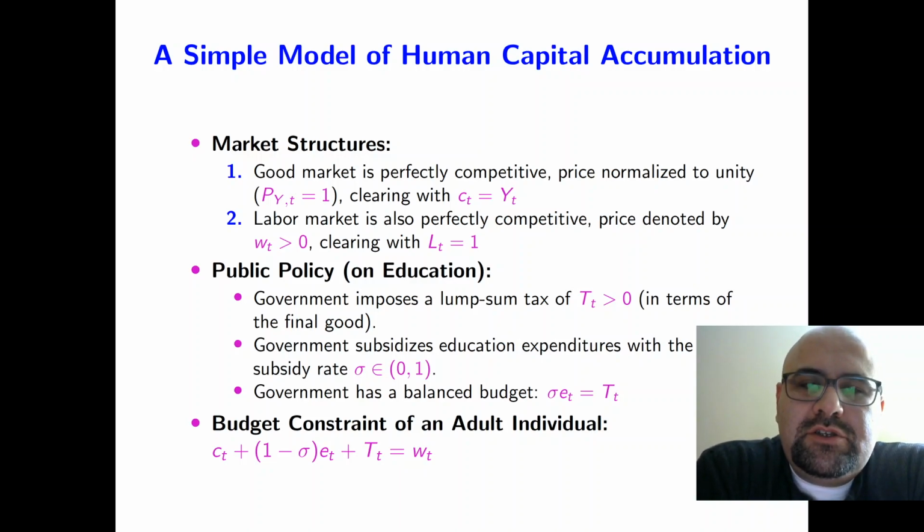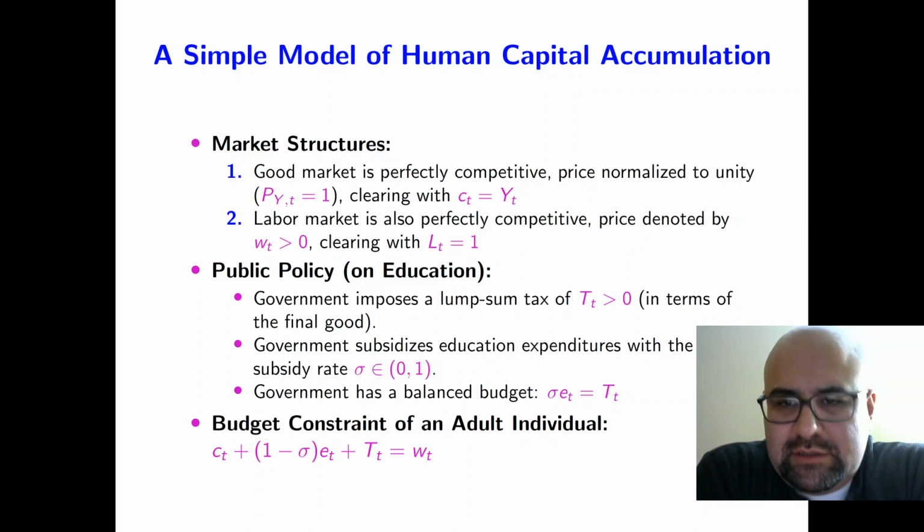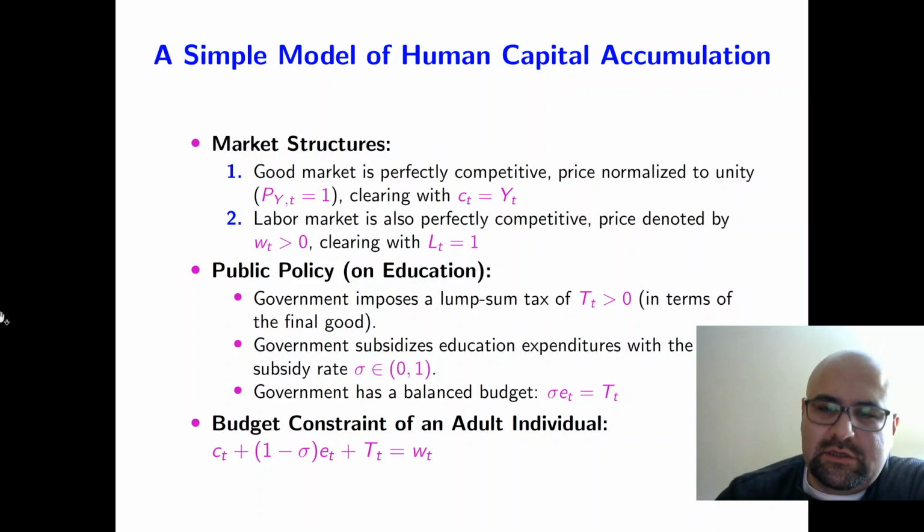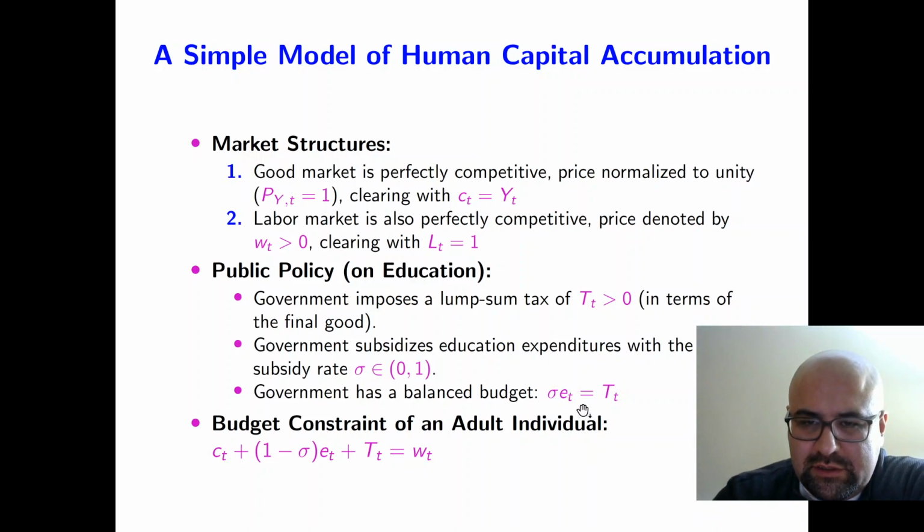And then we assume that the government has a balanced budget, all right? So the total budget will be TT because, again, there are 1 billion people. So it will be TT billion tax revenue. And that tax revenue will be spent on education, so the subsidies on the education expenditure of these 1 billion people, all right? So sigma ET will be the total expenditure by the government, and TT will be the total tax revenue, okay?